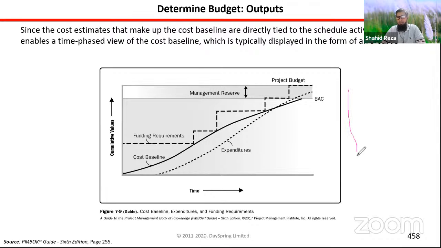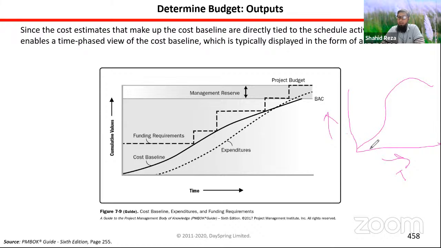This is time, and this is cumulative cost. Generally, if you put the project's cumulative cost in this graph against time, then you will always find this type of figure.